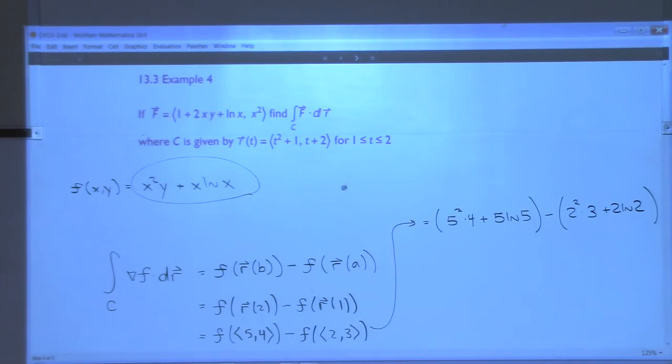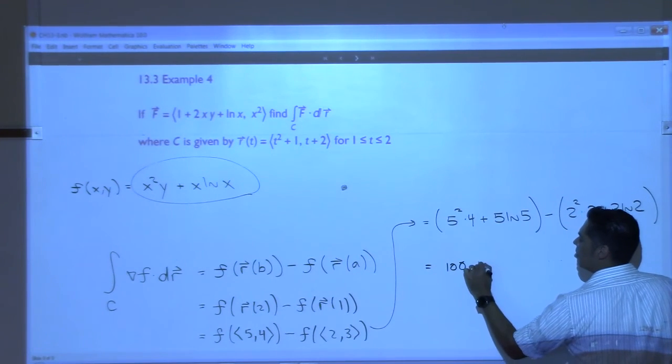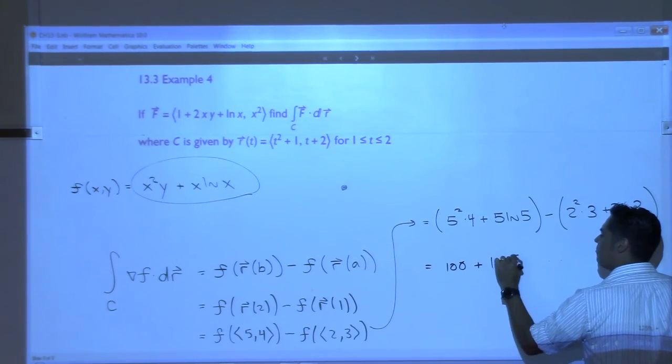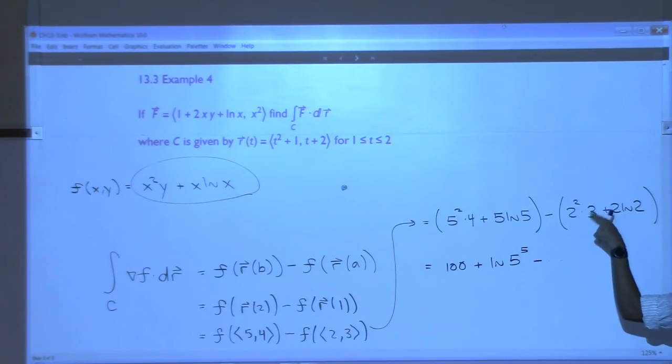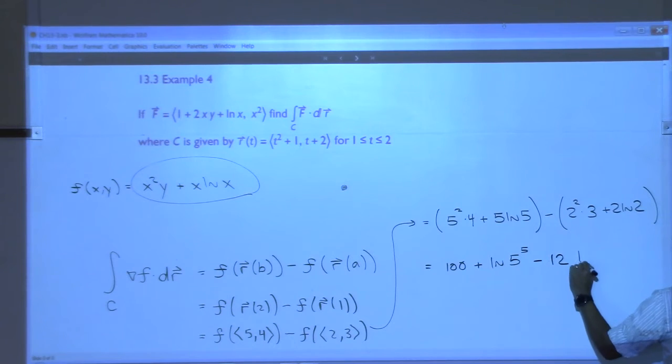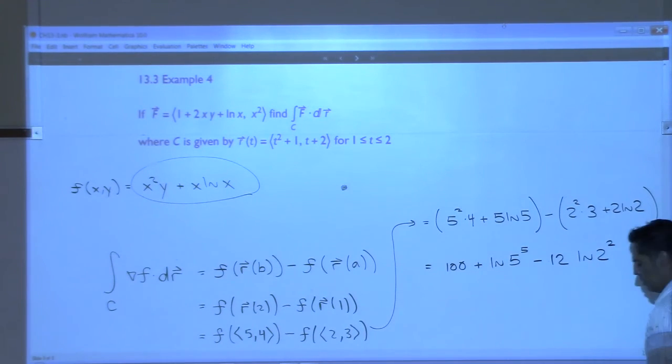Do you all agree with that? Okay, so this is going to be 100 plus natural log of 5 to the 5th minus 12 plus natural log of 2 to the 2nd. Wait, hold on, I forgot to put the minus in there.